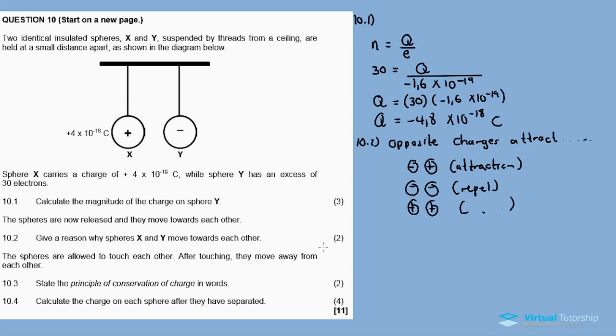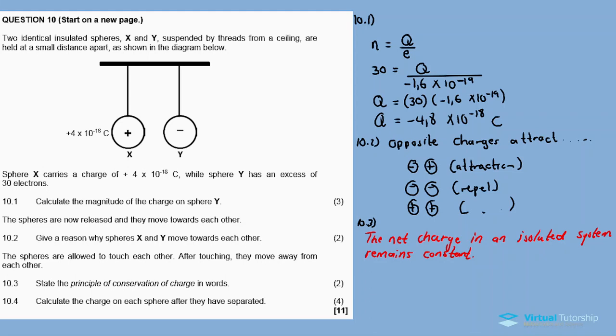The spheres are now allowed to touch each other. After touching, they move away from each other. Question 10.3: state the principle of conservation of charge in words. The principle of conservation of charge is that the net charge in an isolated system remains constant.